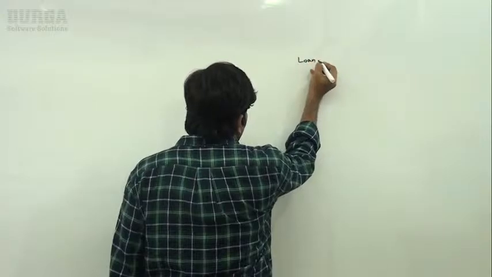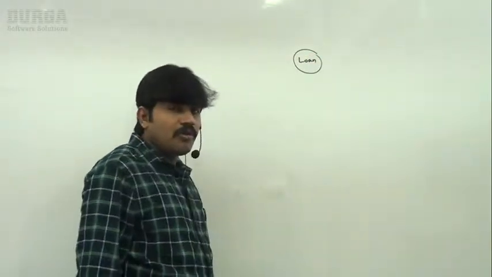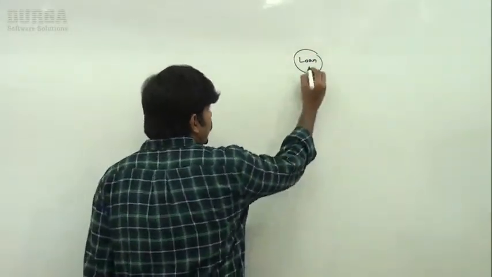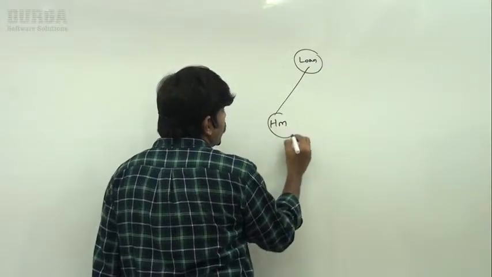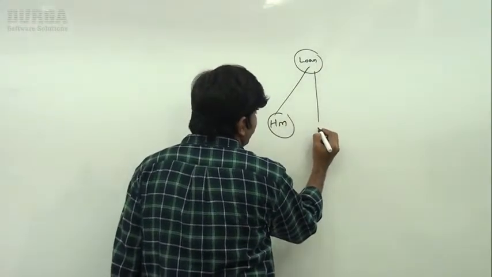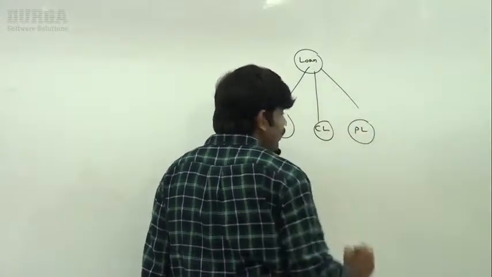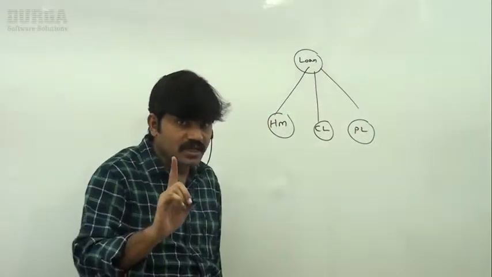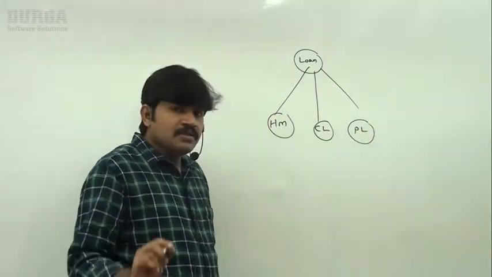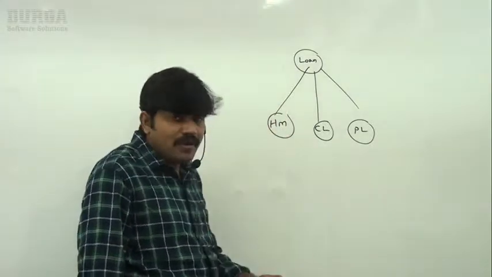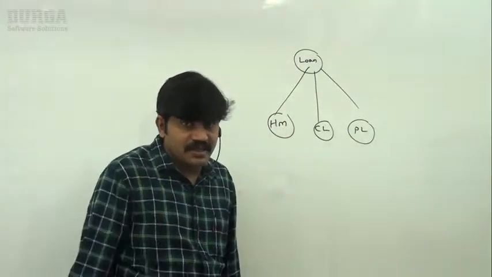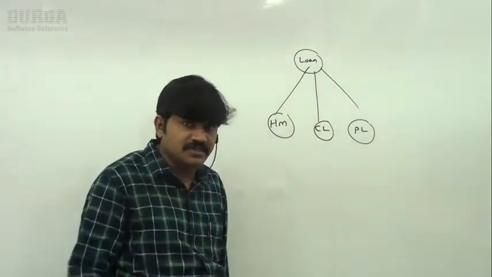Do you know multiple types of loans are there? One is home loan, next car loan, vehicle loan, next personal loan, like multiple types of loans are available. Assume that. Sir, here for every loan interest rate is there, sir.